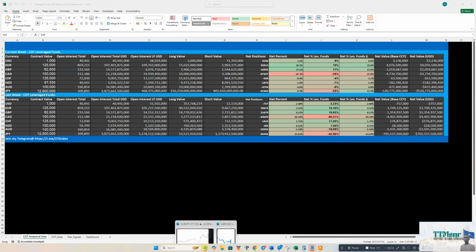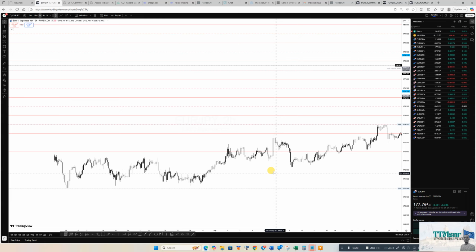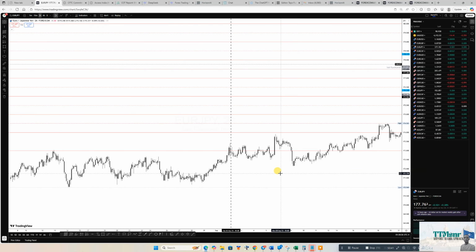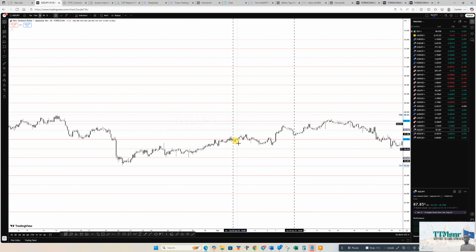All I mean is this week we want a sell. So it was selling or ranging, but if we go inside, NZD/JPY was also a sell.